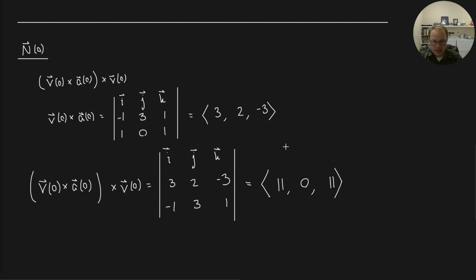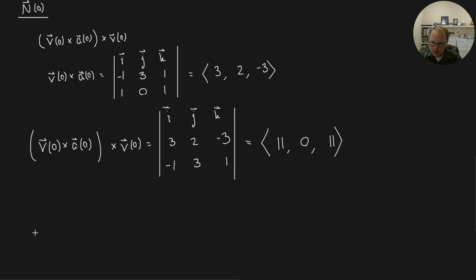Okay, we're almost done. This is the vector we want the unit normal vector to point in. But we need it to be a unit vector, so we need to normalize it. So 11, 0, 11.